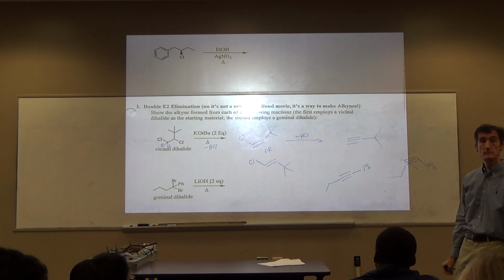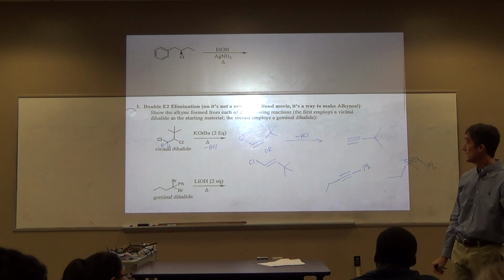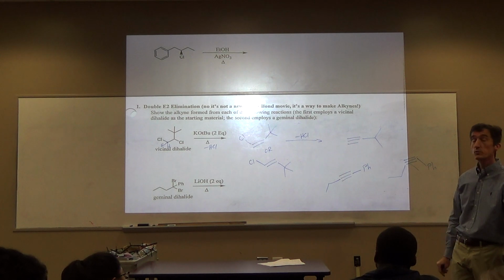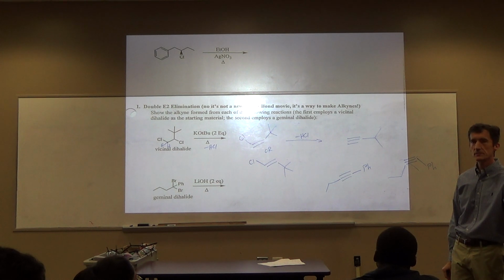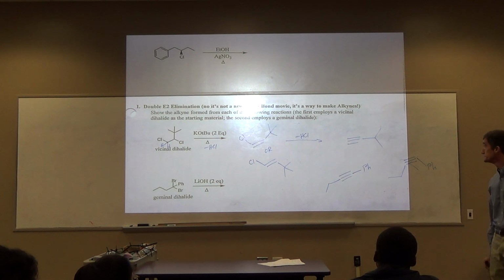Once you form the alkene, is there a way to stop it? Good question. Maybe one equivalent of base. I think it would probably stop. Because there's another huge question that could be asked here. I was hoping that somebody would. Related to that. Energy of activation?